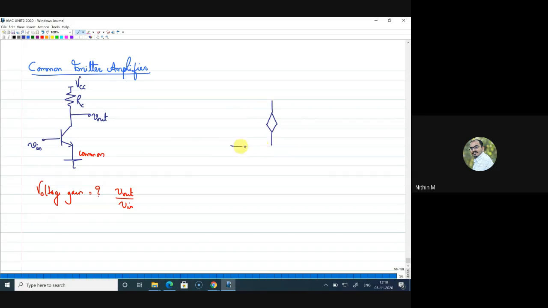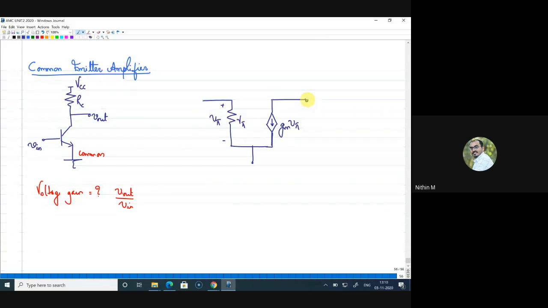On the input side I have R pi, which sustains a voltage V pi. On the output side there is a dependent current source, which is gm V pi. I can include R naught also, but since we are doing an amplifier circuit, let us do it step by step. Let us do it first without R naught and later we will include R naught. That will be easy. Now this is your base terminal, collector and emitter.